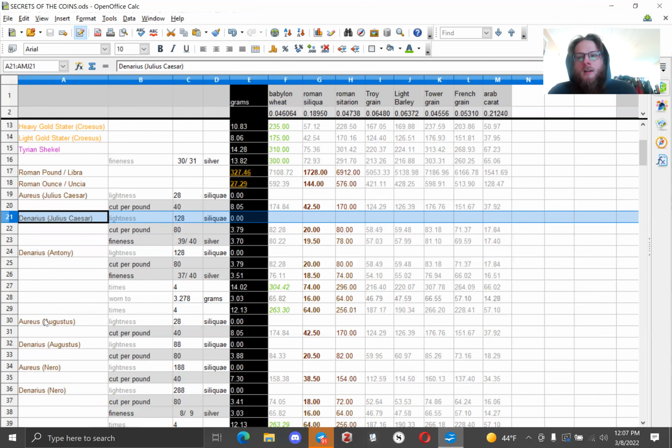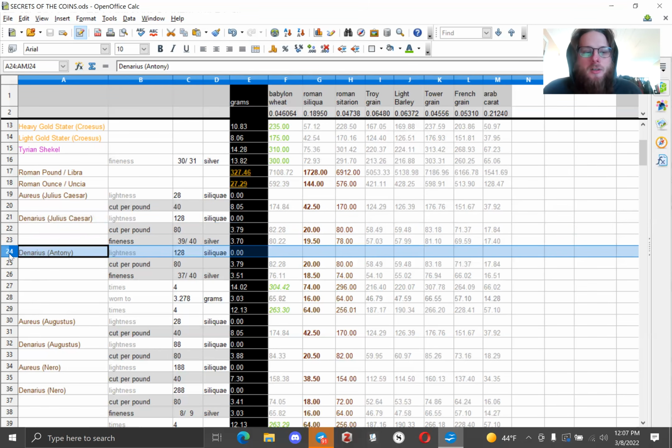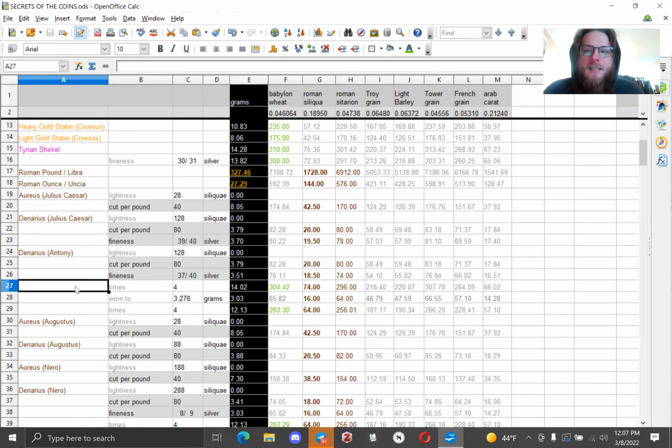Okay, so the Legionary Denarius, which is a coin that was minted to pay soldiers in Antony's power base in the east, is a good shekel, but a bad denarius. A good quarter shekel, we should say, but a bad denarius. Okay, so that makes sense, right? Because what is he doing? From the perspective of the east, he's saying, look, my money is good.